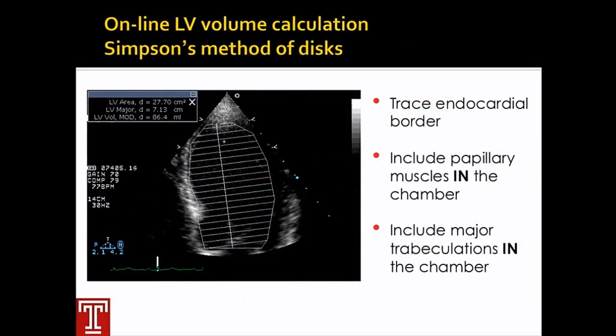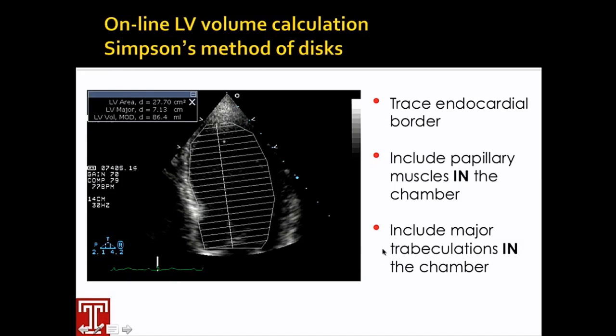Notice that in this example from the apical 4-chamber, we trace the endocardial border as best we can. And along those lines, we don't include the papillary muscles as part of the ventricular chamber; we trace underneath the papillary muscles.